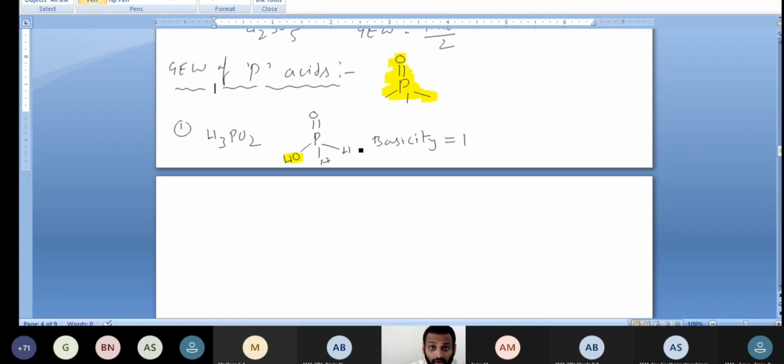Then partial positive and partial negative charges are possible. Got it, everyone? So it's a very clear thing. When polarity exists, only then will H plus ion come out. If the electronegativity difference is less than 0.6, then the bond is non-polar. So you cannot break the atoms into their corresponding ions. This is the most important.